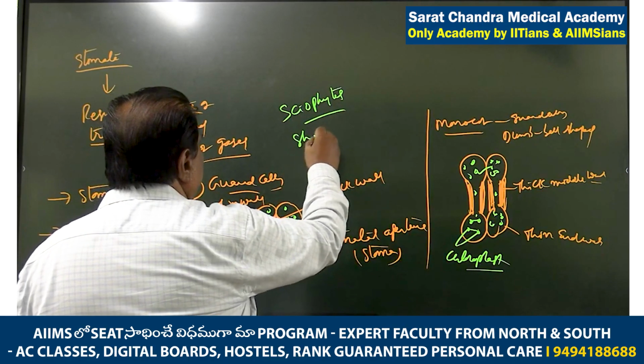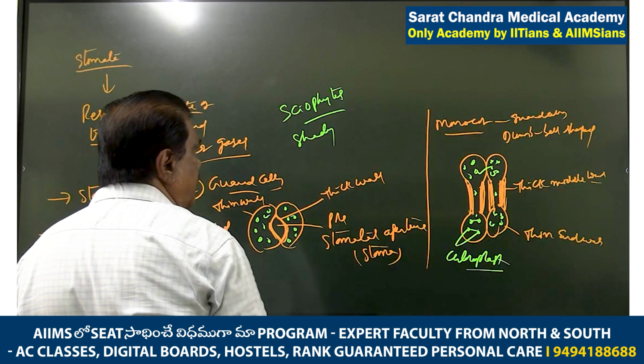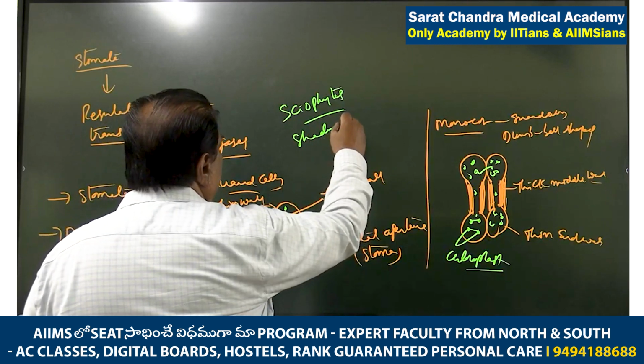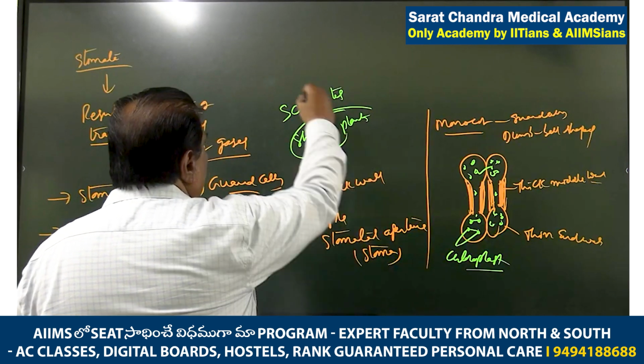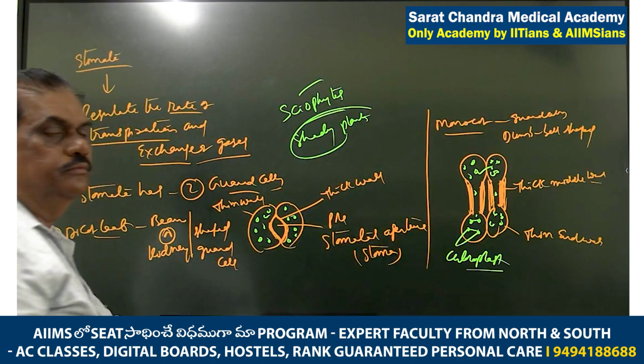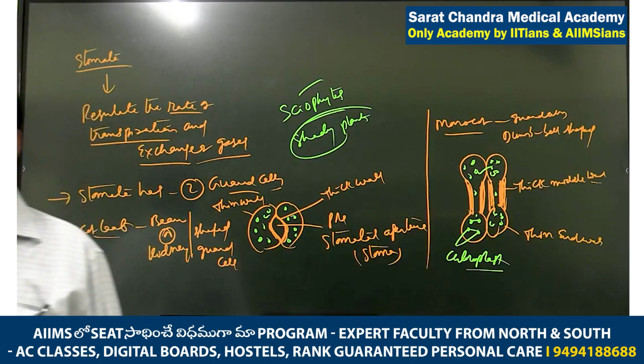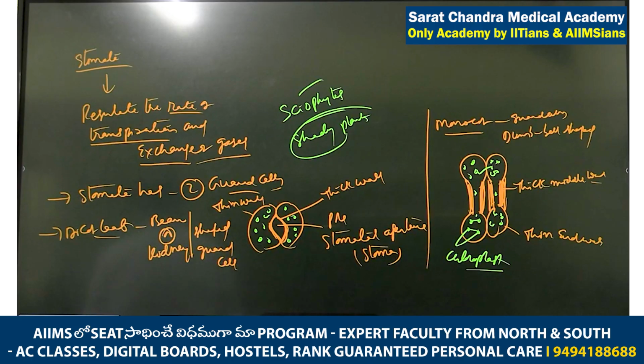Sciophytes mean shady plants, the plants growing in shady localities. But in higher plants, only the guard cell has chloroplast. No other epidermal cell has chloroplast except guard cell.